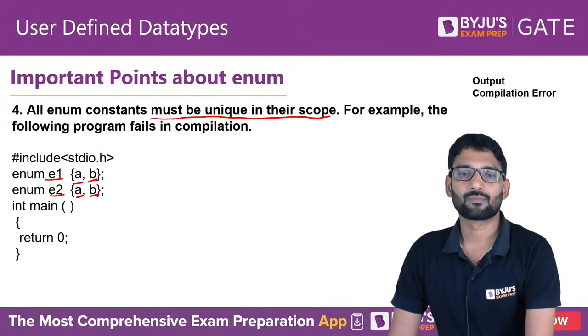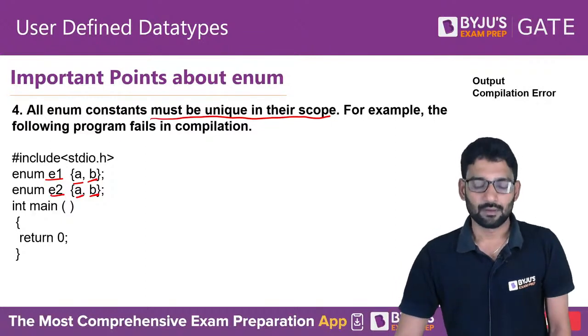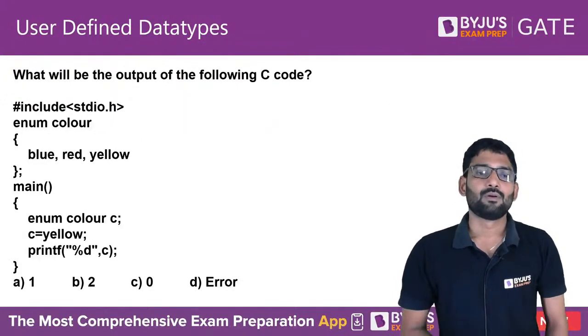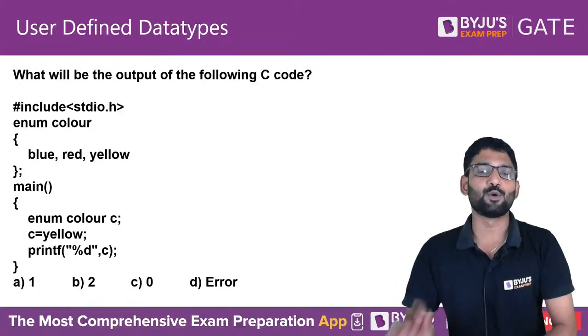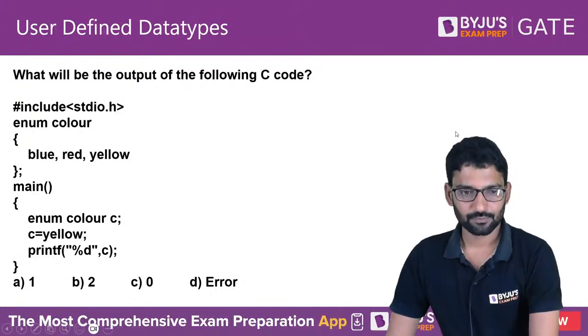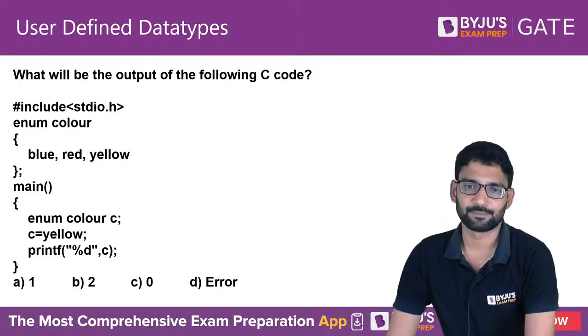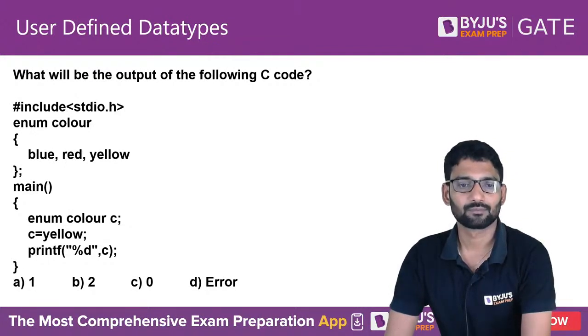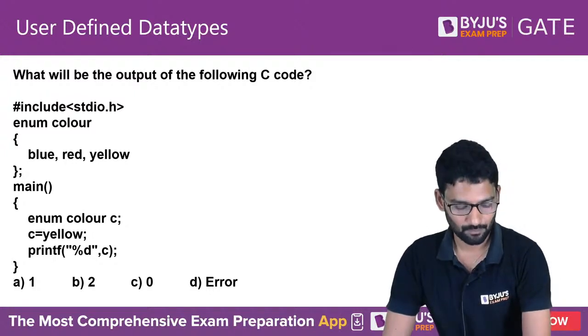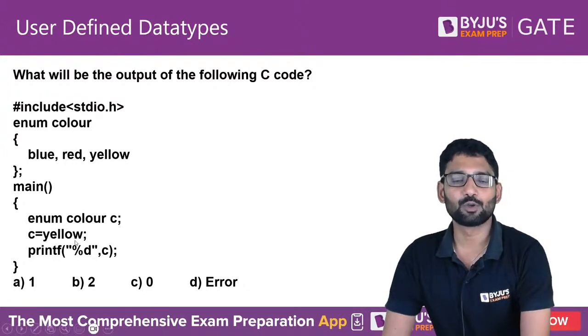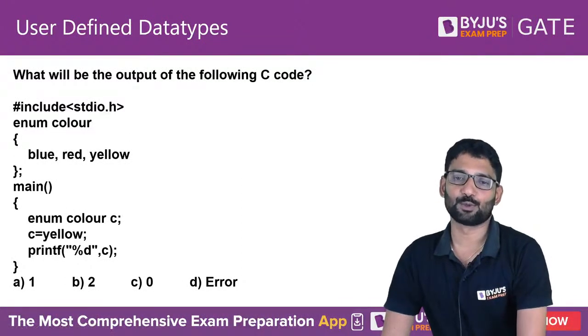Now, what will be the output of the following C code? Tell me your answer. What would be the output of this following C code?